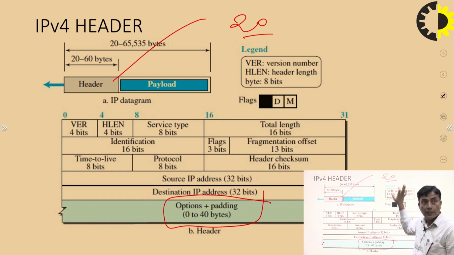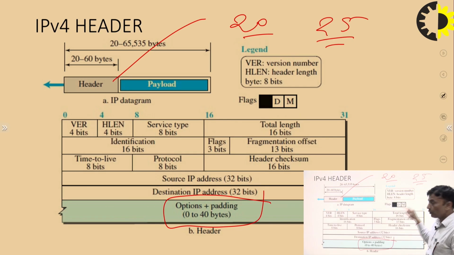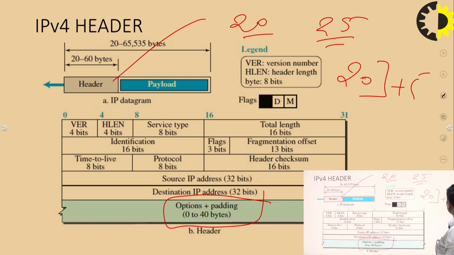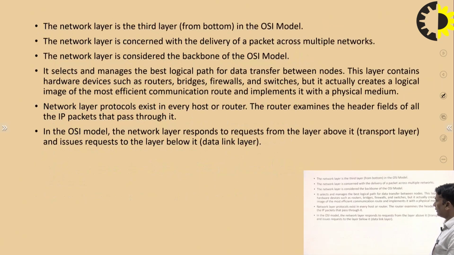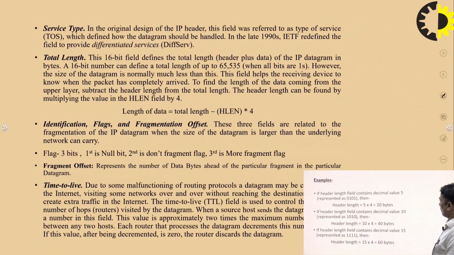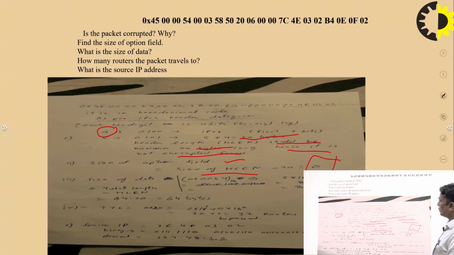Because 20 is the compulsory minimum without option. Suppose we get 25, that means 20 is the minimum required field and this 5 will certainly be option. But here we get only 20 bytes for the header length. That's why we have 0 value in the option, no value in the option.